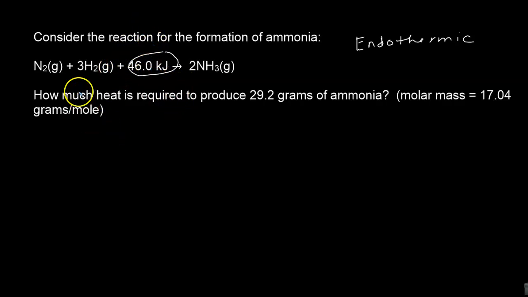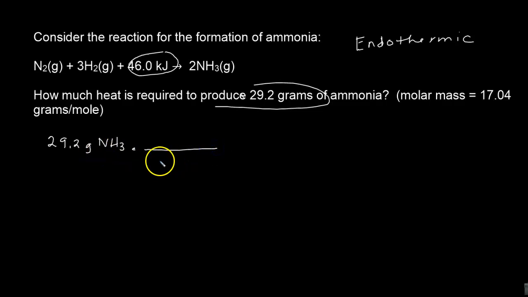So let's go ahead, and it says how much heat is required. So how much of this is going to be required to produce 29.2 grams of ammonia. So we're still going to work it just like what we did before. Let's write our given down. And I'm in grams.